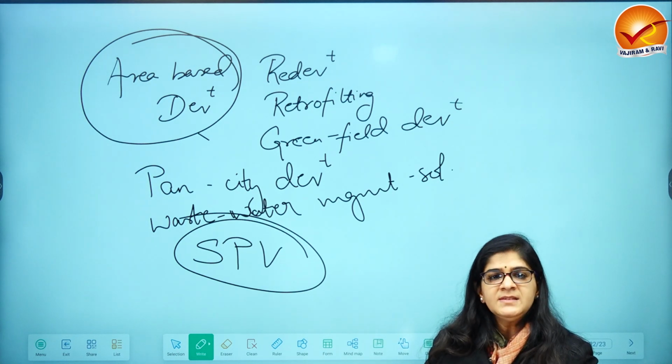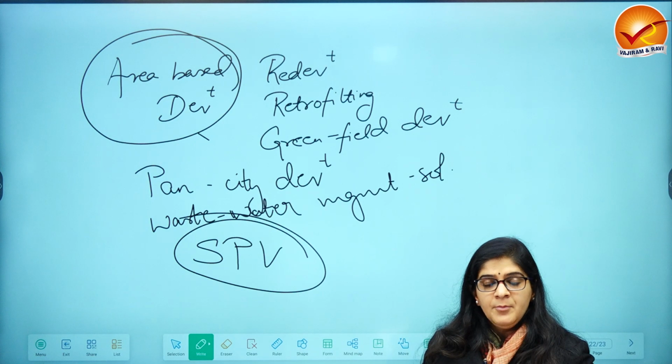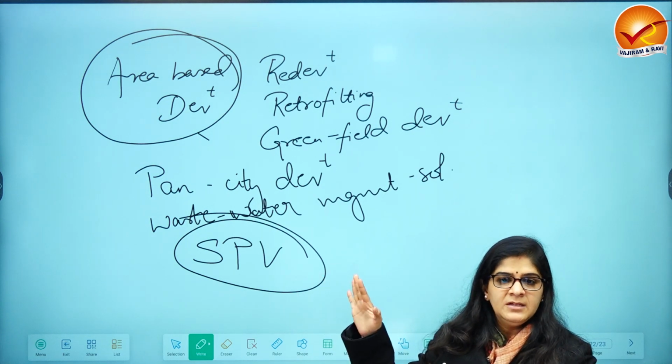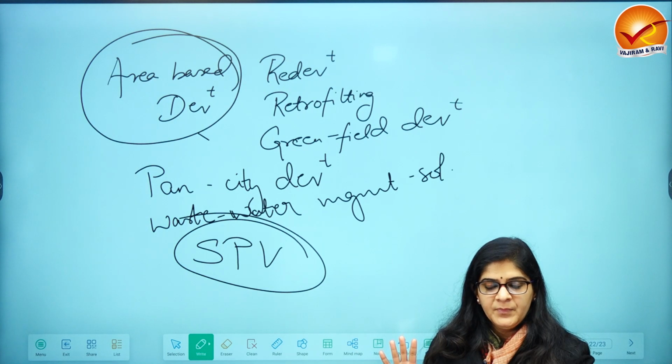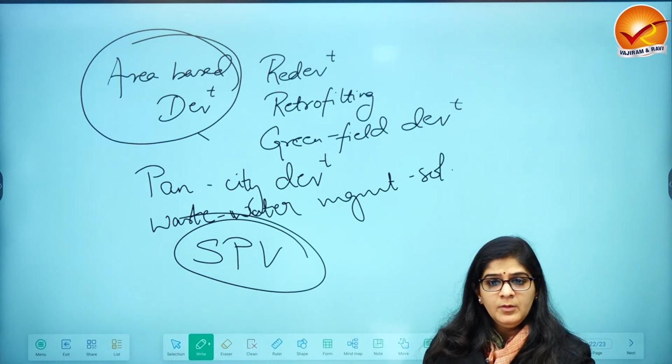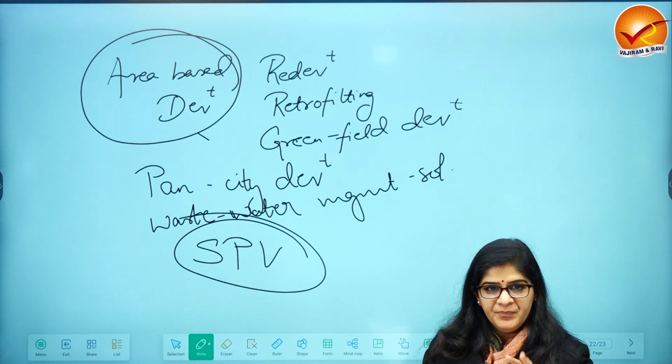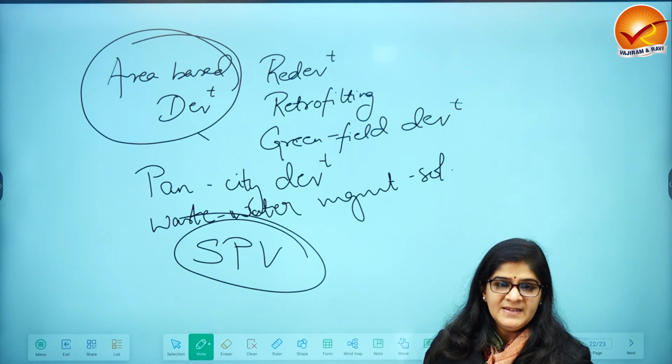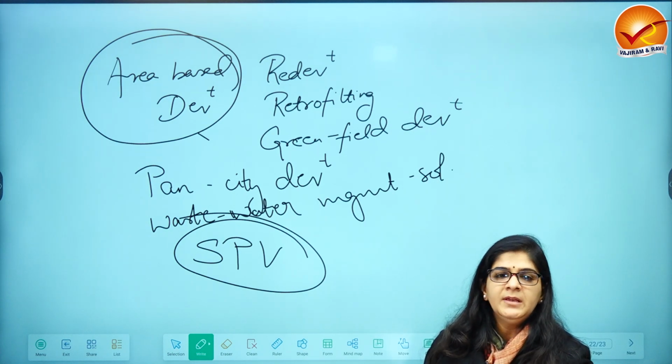And when we talk of the Smart Cities mission, it is found that it is slow in implementation, because the SPVs, the special purpose vehicles, aren't functioning well. And overall, this is from Ministry of Housing and Urban Affairs data, less than 50% of the projects have been completed at the end of the 6-year period.